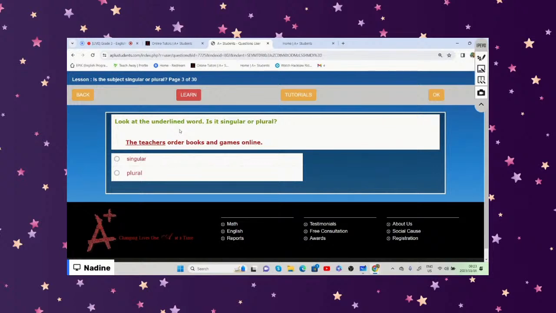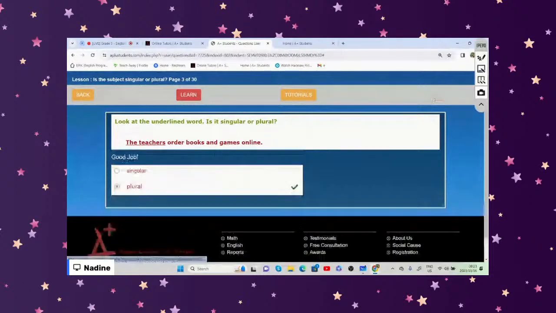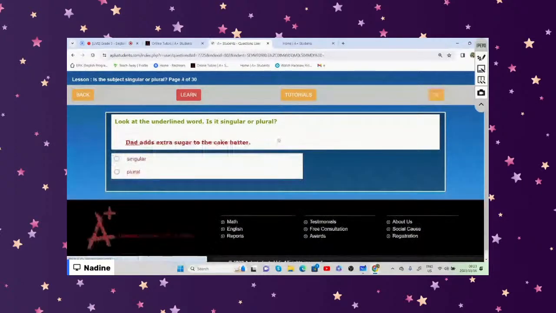So the teachers. Guys, you are not being focused. So the teachers, it refers to more than one teacher. So which means it is plural.